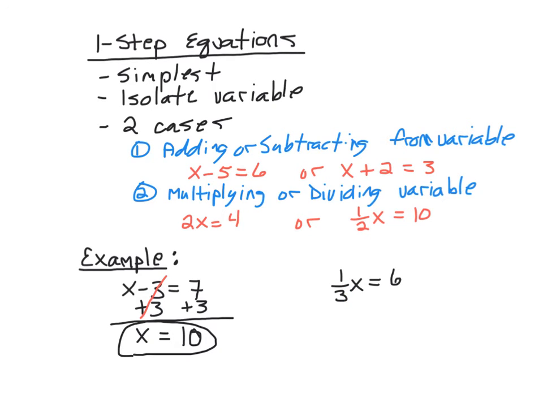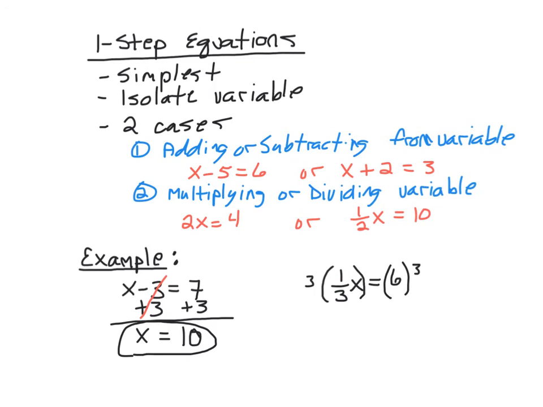And so on this side, I'm going to simply multiply everything by 3. And as long as I do it on the other side, I'm good to go. Well, it turns out that 3 times 1/3 is 1.